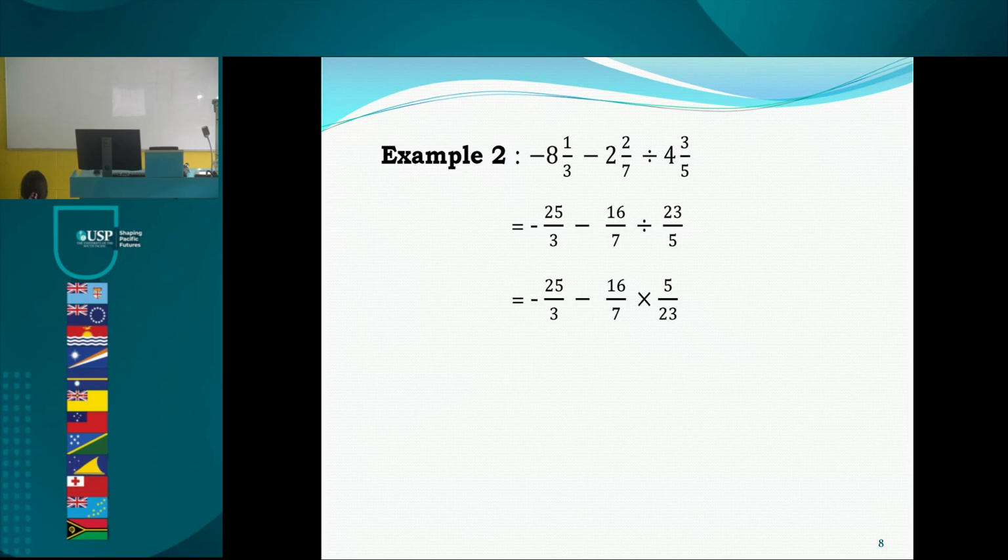But if you don't do this step, your calculator does this directly for you. But that's just another way of looking at line number 2. So change it to multiplication, take the reciprocal of the second fraction. We'll do multiplication first. Again, you don't have to do this manually. Your calculator, guys, will multiply the two numbers for you.